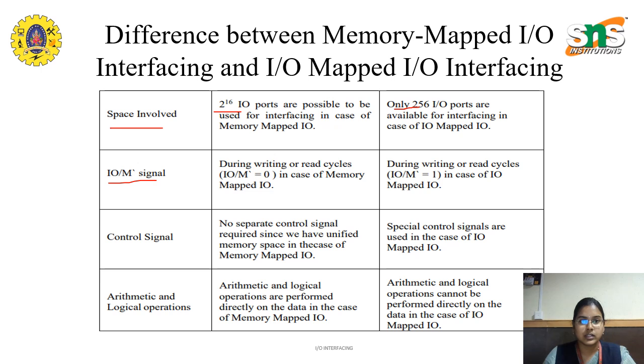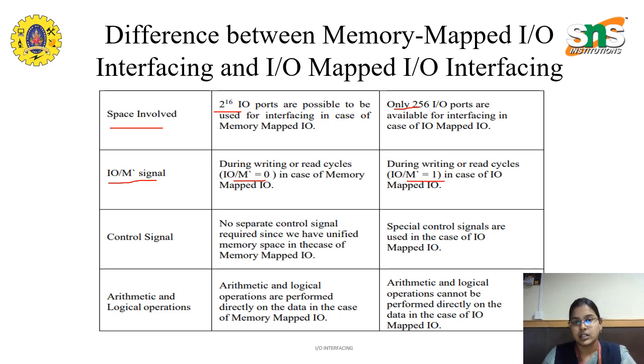For the input-output or memory signal during the writing or reading cycles, IO/M bar is equal to 0 in memory mapped, whereas in input-output mapped it will be 1.